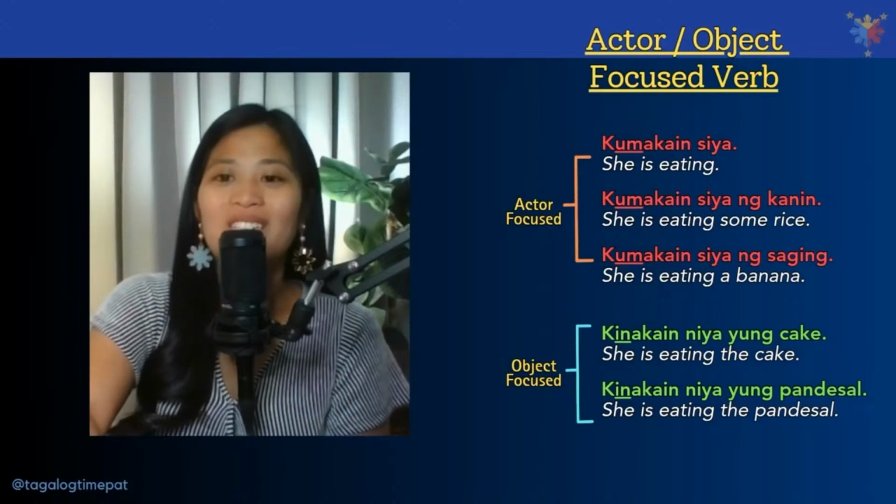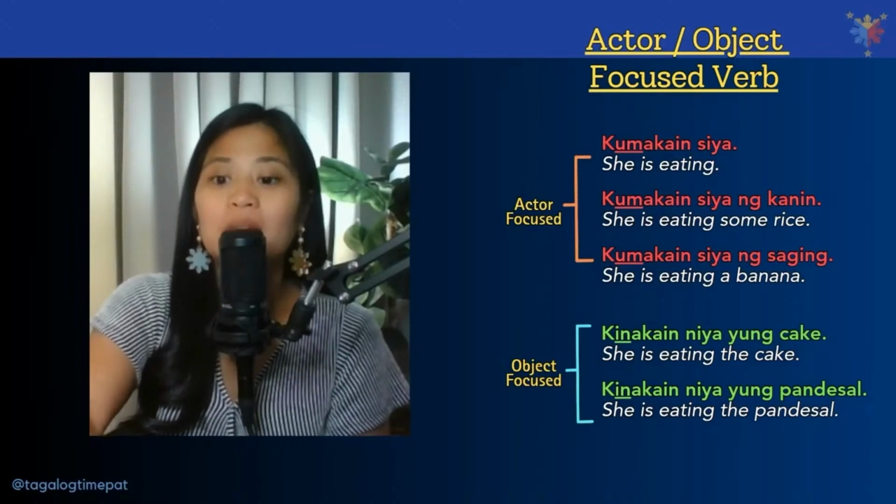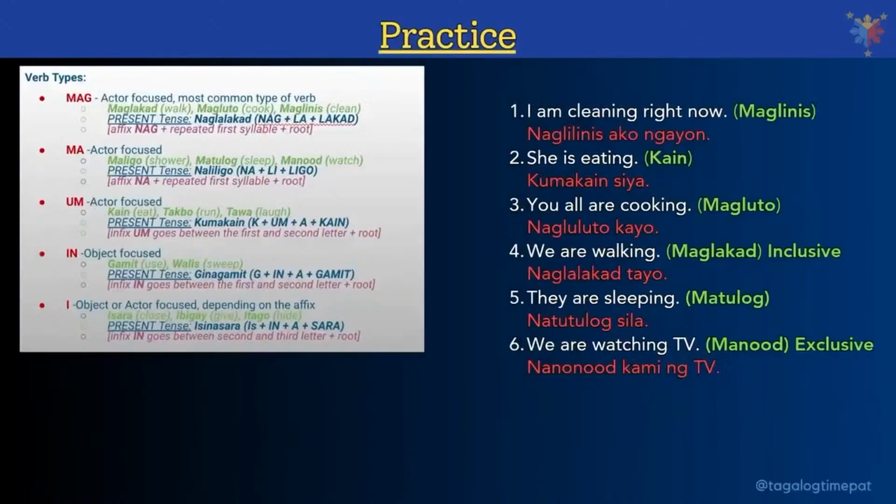So I think that's very interesting how the verbs can take on a different kind of focus depending on the context of your sentence. All right, so let's go back to the examples we just did. If you look closely, you'll notice that all of these examples are mag, ma, or um verbs. That is because they are all actor-focused, meaning you can use a subject pronoun like we were using.